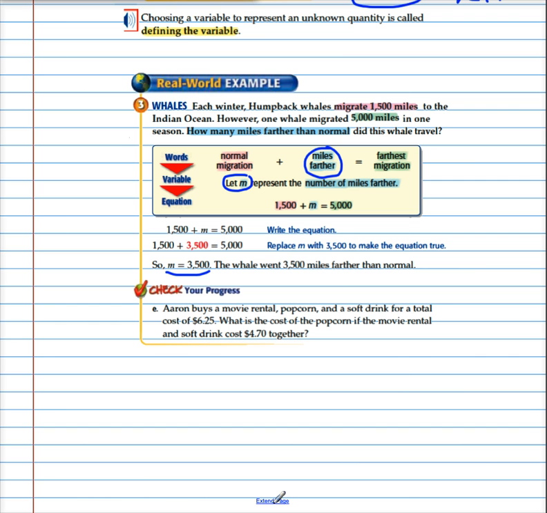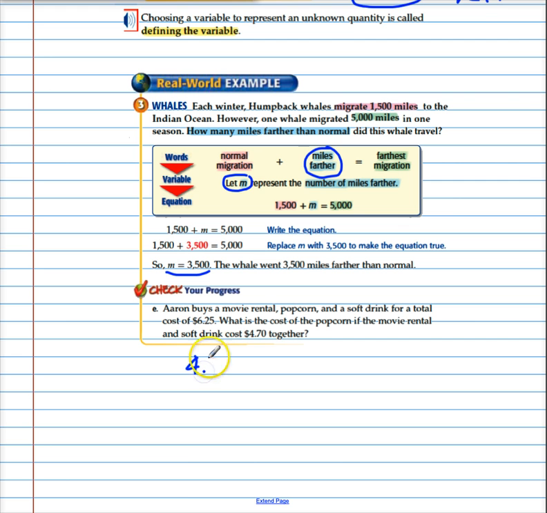And to check your progress, Aaron buys a movie rental, popcorn, and a soft drink for a total cost of $6.25. What is the total cost of the popcorn if the movie rental and soft drink together cost $4.70? Well, let's see, our equation would be $4.70.